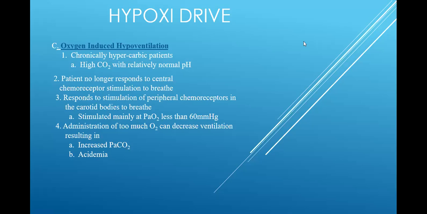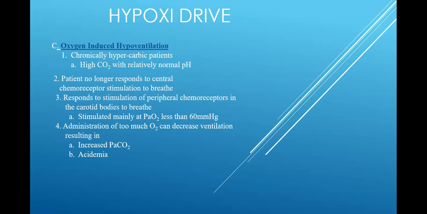The cerebrospinal fluid. The central chemoreceptors respond to carbon dioxide in the cerebrospinal fluid. It flows in and out freely, right? And so when the CO2 levels in the cerebrospinal fluid become elevated, then the central chemoreceptors make the body breathe more. Hey, you need to breathe, blow some of this off, right? But since the COPD patient's CO2 is always high, then the central chemoreceptors don't know how to respond.